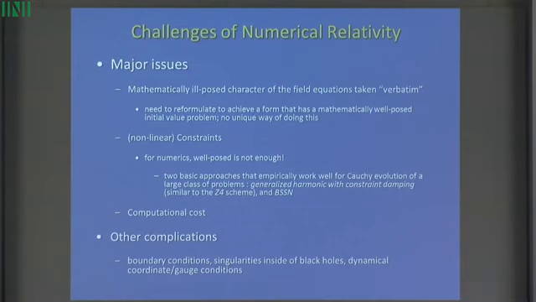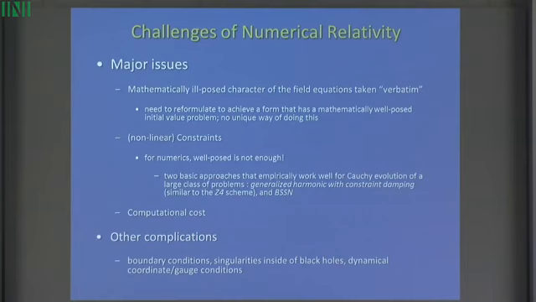As Powell mentioned, there are a few methods that, for at least a large class of problems where they've been tried, have solved this problem: the BSSN, the Z4C, and generalized harmonic forms. And they've also shown how to control the growth of constraints from truncation error.